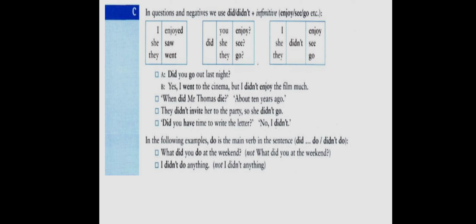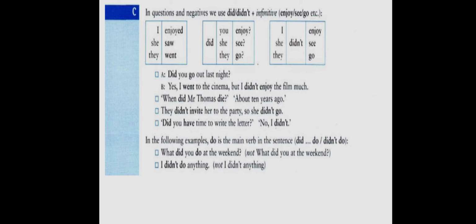And since we ask about the action, we use do. We can't remove it without putting do, because the meaning will become senseless. Like this, what did you at the weekend? Like this, it becomes incorrect.